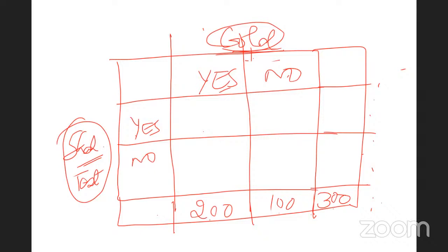So if your test is very sensitive, even if there is a minimal sign or symptom, it will pick it up. A sensitive test will pick up the maximum number of positive cases. So let's say it has found 180 out of 200. That means 90% sensitivity. So 90% were detected with this test.